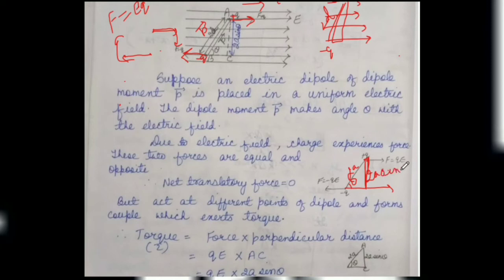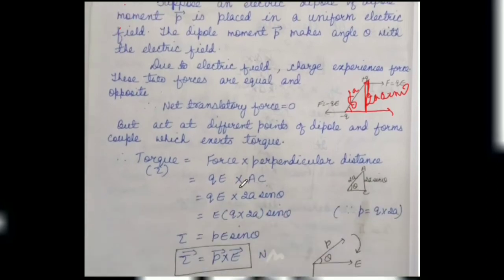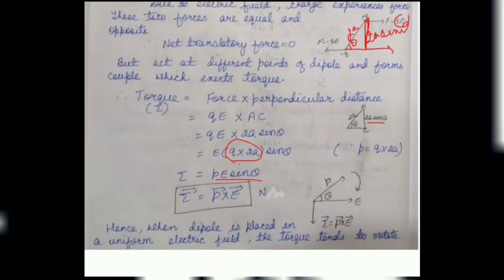This perpendicular distance is 2a sine theta. So what is torque? Torque is force into perpendicular distance. Force is what? Q into E. And perpendicular distance means this AC, this is 2a sine theta. QE into 2a sine theta. This Q into 2a becomes dipole moment P. So this becomes P E sine theta, right?